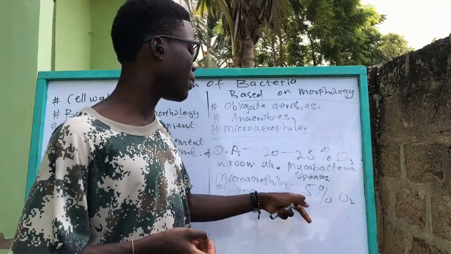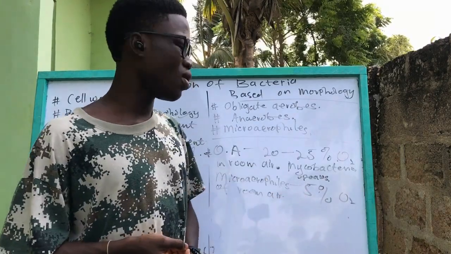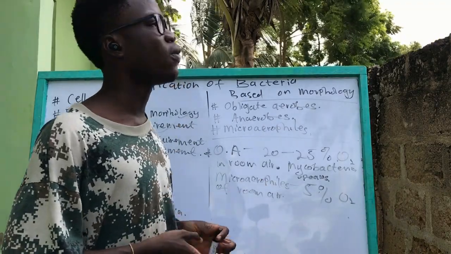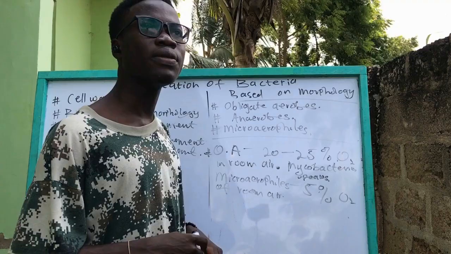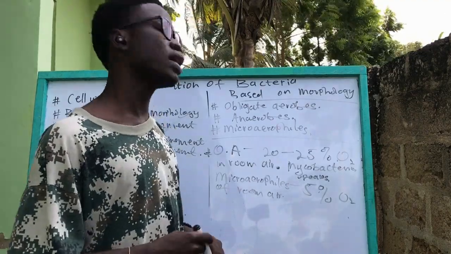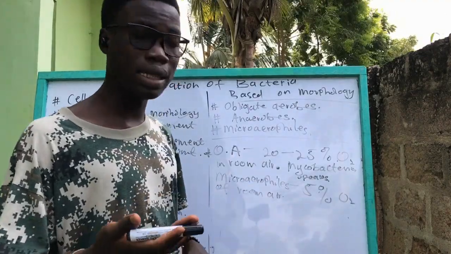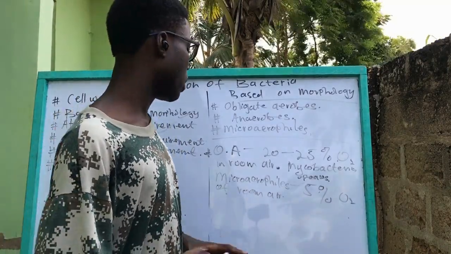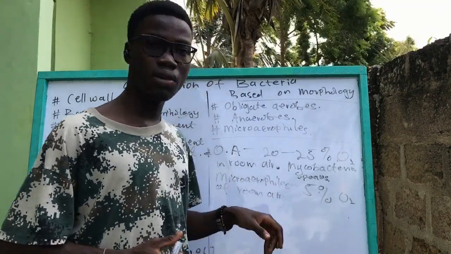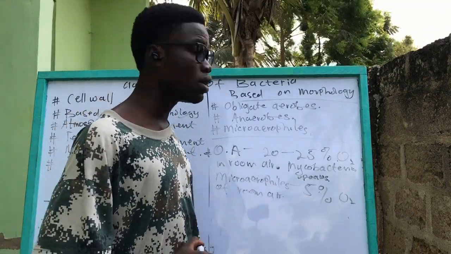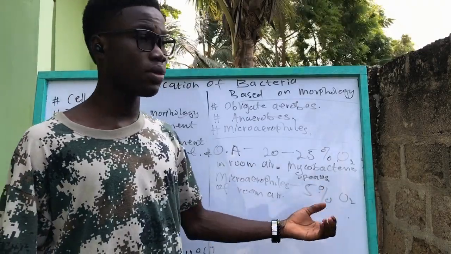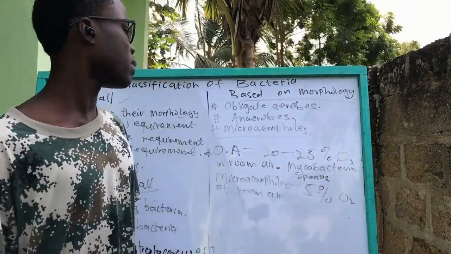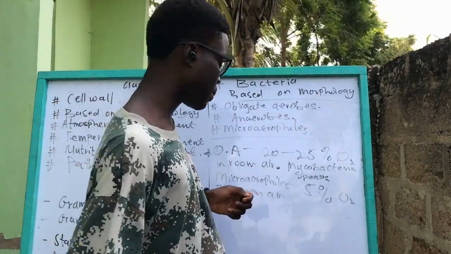So they require only 5% or a little amount of oxygen in order for them to thrive. Examples of microaerophiles, we have the Neisseria gonorrhoeae. So the Neisseria gonorrhoeae is an example of microaerophiles. When we are capturing such organisms, we don't give them too much oxygen, but just a small percentage of oxygen. Now let's talk about the anaerobes.